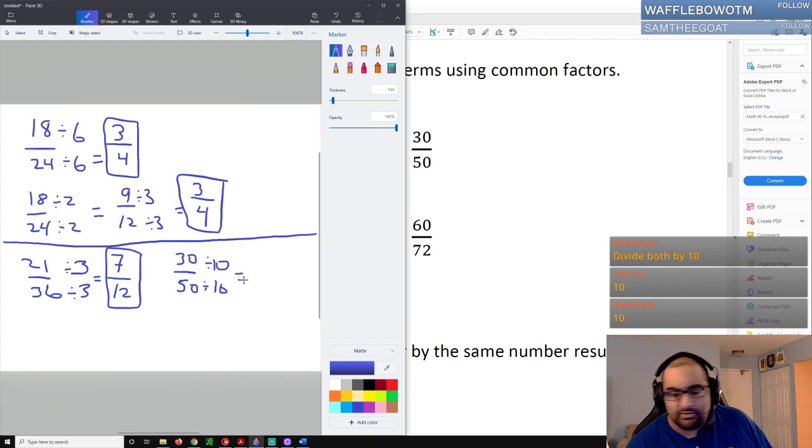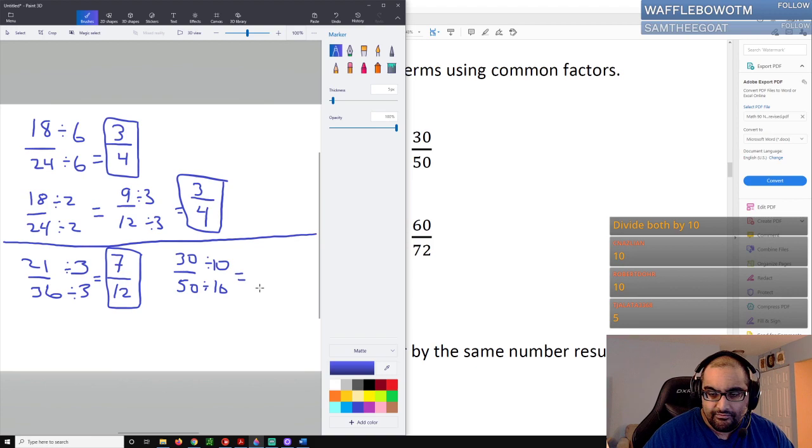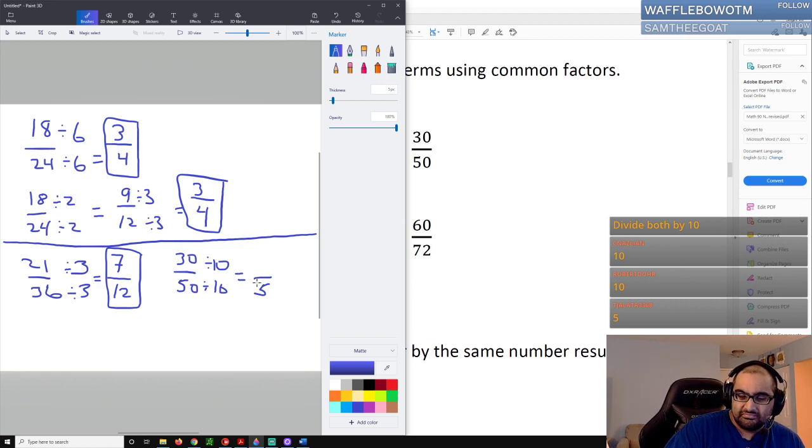All right, I agree with that. And we get 30 divided by 10 and 50 divided by 10. 5 on the bottom there. And what do we get up top? 3. Good. Put that together there.